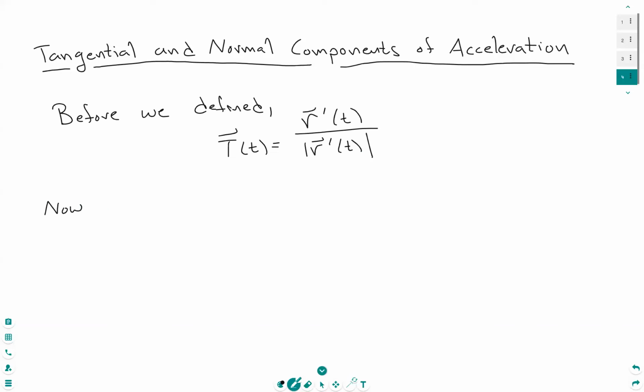So now we can say that our unit tangent is simply our velocity over our speed.